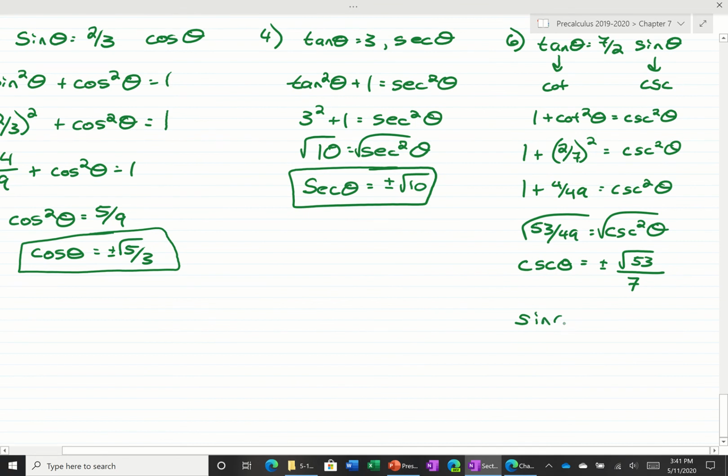Sine of theta would be plus or minus 7/√53. Multiply top and bottom by root 53. And we get that sine of theta is plus or minus 7√53/53.